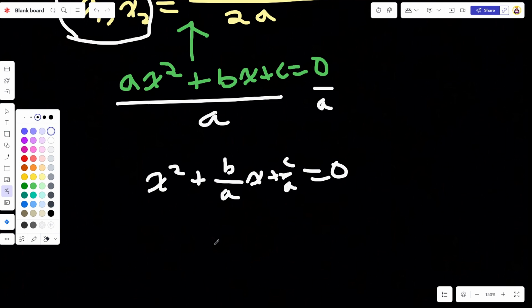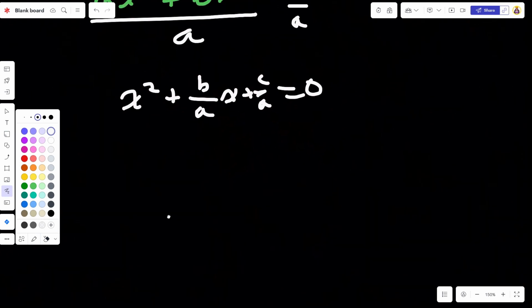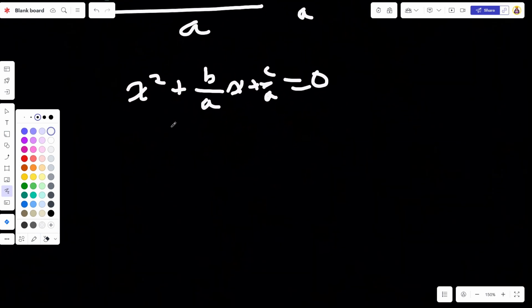You can see here that these two terms, x squared and b over a x, both have x in them, while c over a is a constant. It does not have x in it. So we're going to move the constant to the other side and keep these on the left side. So let's do that and subtract both sides by c over a.